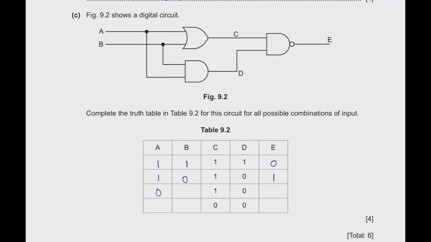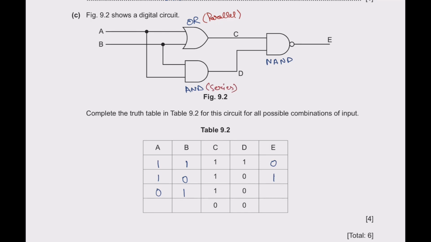Now let us interchange 0 and 1. Again I will get 1 because of OR gate. Let us write OR and an AND gate. You can compare it, this OR as the parallel switch and AND as the series switch.